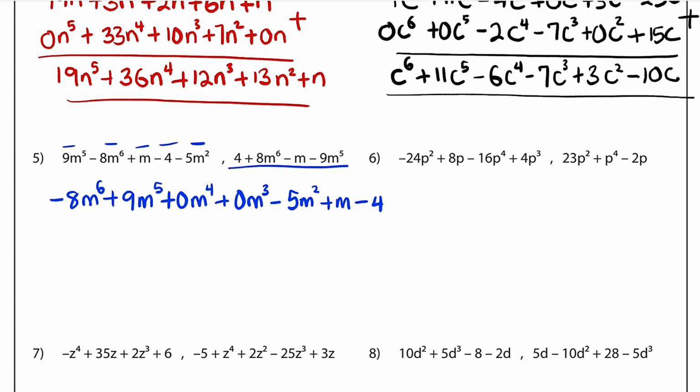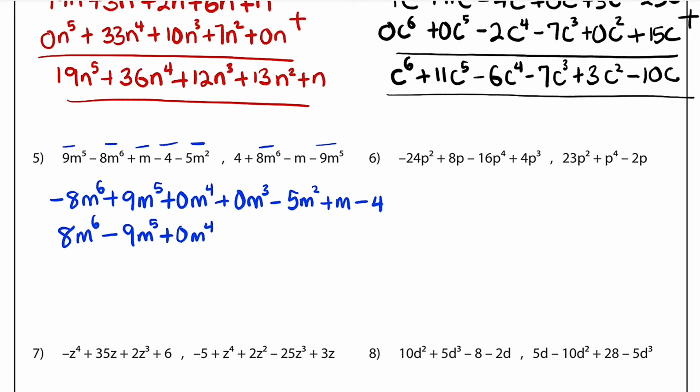Then we bring this one. We have to start with 8m to the power of 6. So we have 8m to the power of 6, followed by negative 9m to the power of 5. We don't have a power of 4 as well, so we can write 0m to the power of 4.